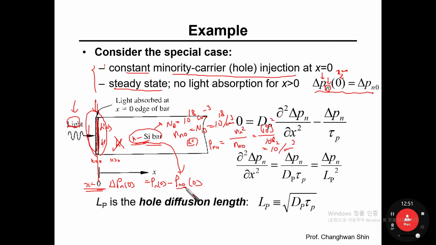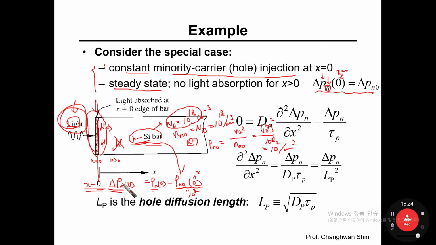So this number, P n naught, in this special case, with doping concentration 10 to the 18, is 10 to the 2. But because of this light, P n at x of 0 is much, much higher than 10 to the 2. So this delta P sub n is not 0.